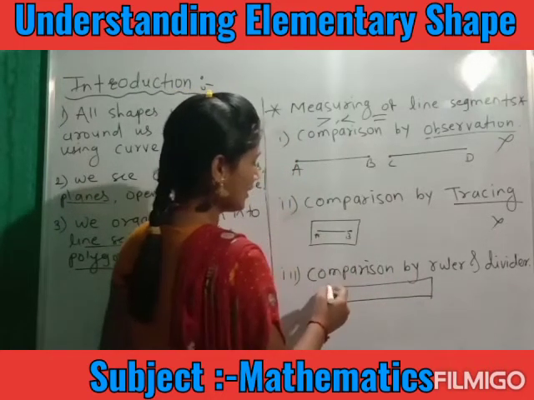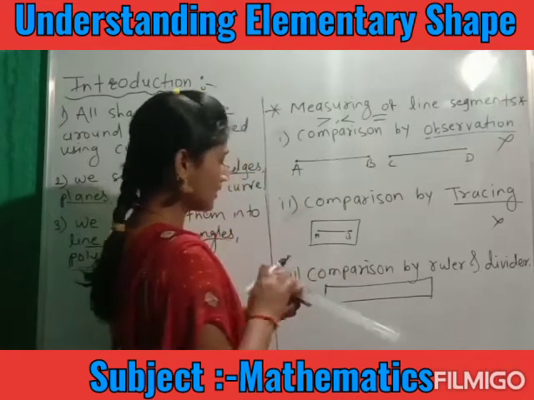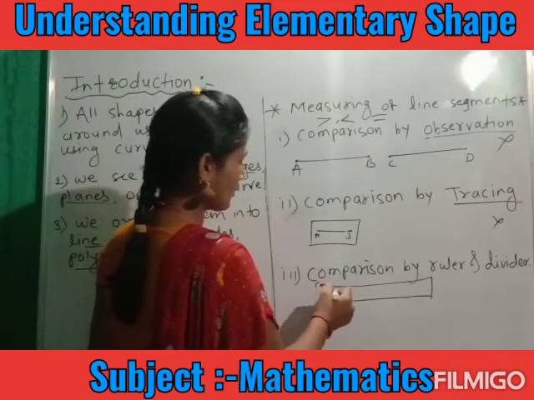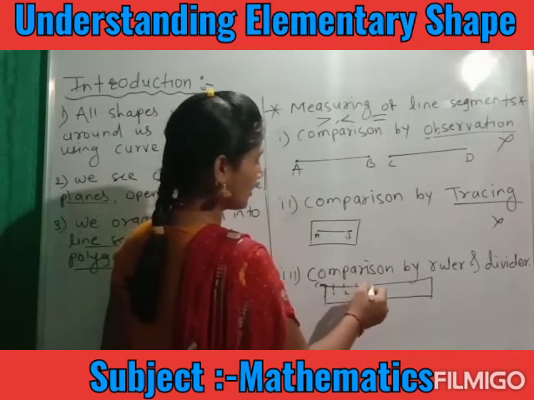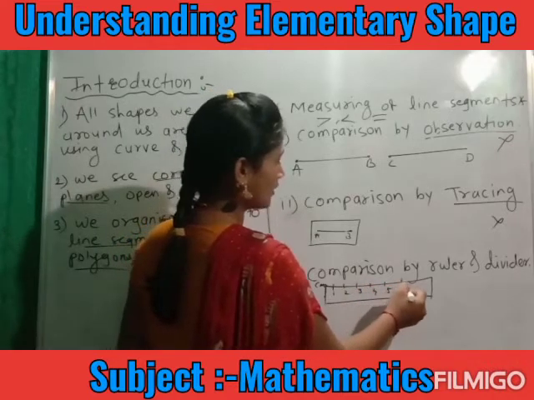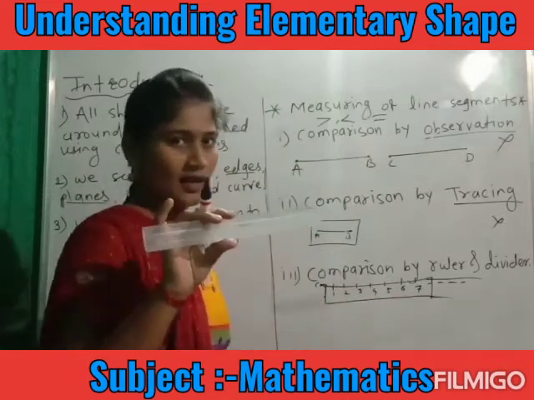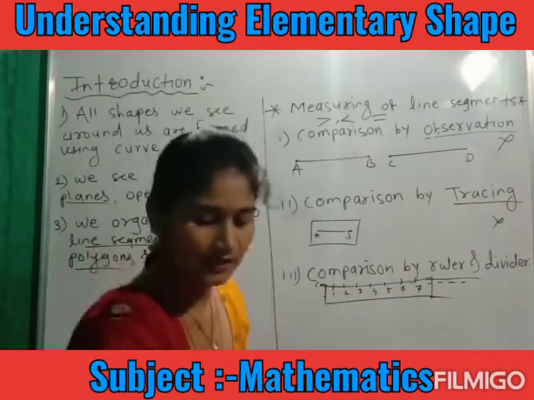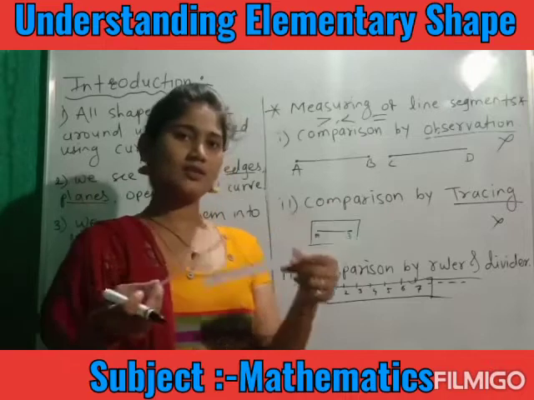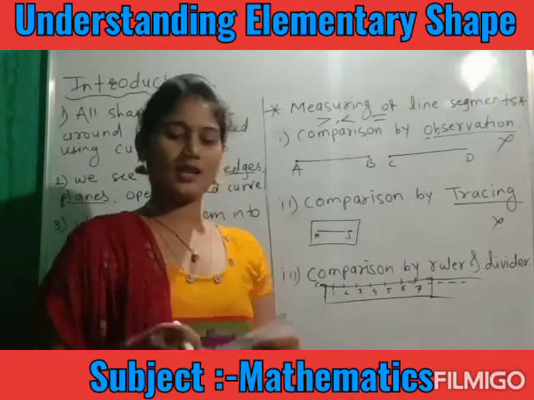Now see, this first mark is of a centimeter. Here 1, here 2, here 3, 4, 5, 6, 7, like this. It depends on the length of this scale. Suppose this length is short and this one is the biggest, so you can draw the scale up to any length. That's your wish.